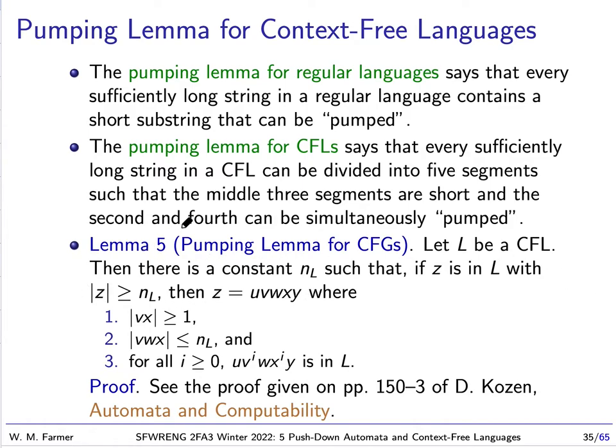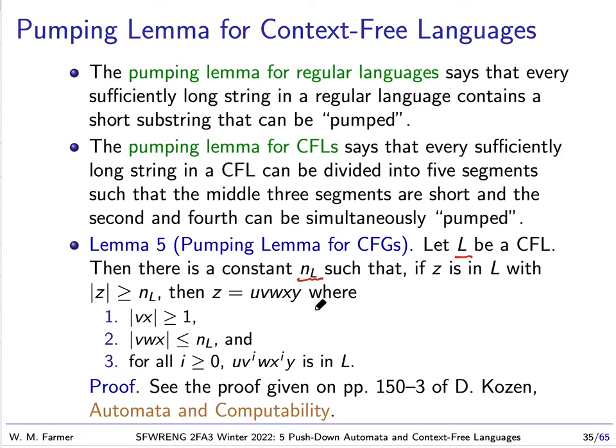This lemma is lemma 5. It's a pumping lemma for context-free grammars. So let L here be any context-free language. Then L will have a constant I'll call n sub L. So every context-free language will have this constant.